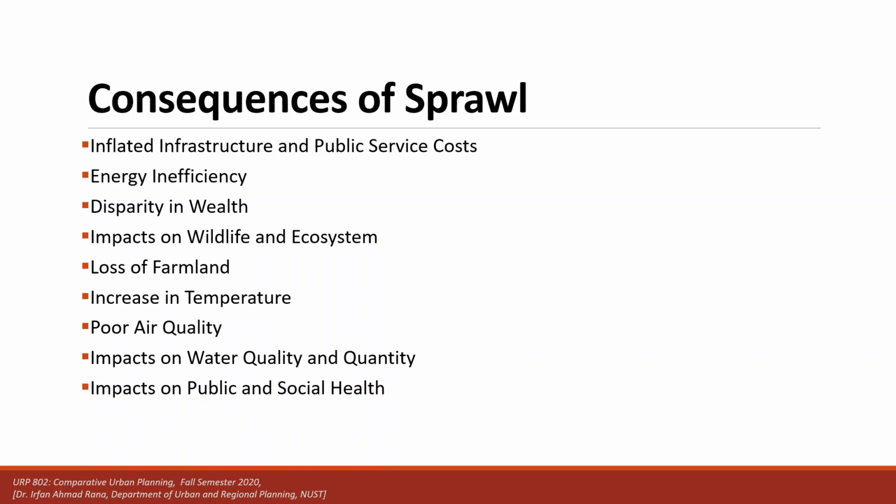Now, impacts on health. Of course, when urban sprawl is happening and a lot of impact is happening on the water and the environment, pollution is happening. So ultimately, that would create a lot of public health risks in an area. It can cause respiratory problems.